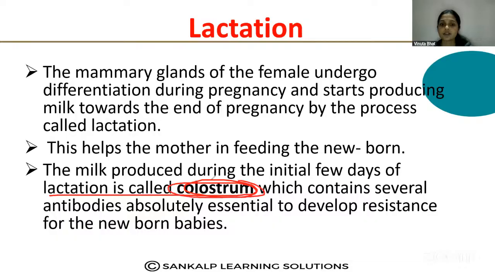So what is this colostrum? It is the milk produced by the mother during the initial few days of lactation. Very important, it contains antibodies that help the baby to fight against diseases. It contains IgA type of antibodies.